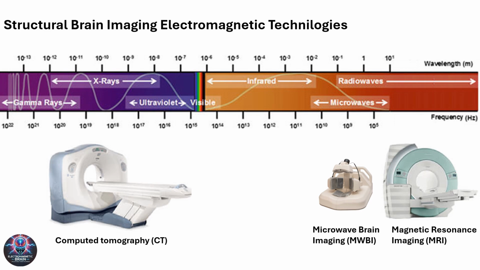This frequency allows deep penetration into tissues with minimal energy absorption, making MRI a non-invasive and safe option. Microwave brain imaging works at gigahertz frequencies, offering a balance between resolution and penetration depth. Computed tomography, CT, uses high-frequency X-rays to provide exceptional resolution but at the cost of higher energy and ionizing radiation.